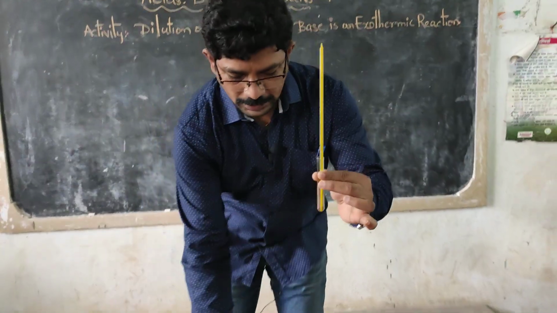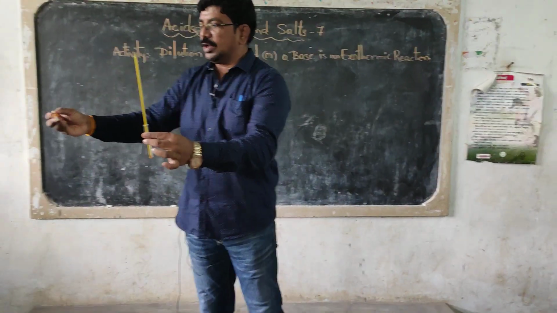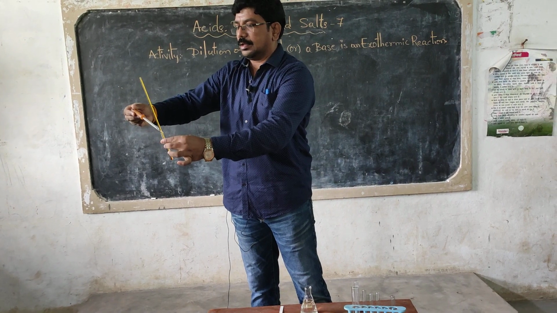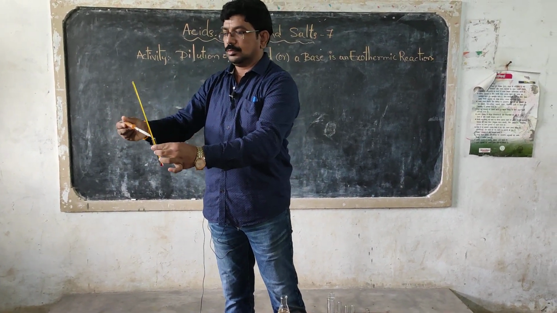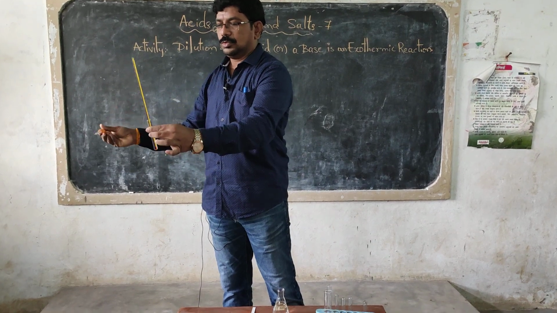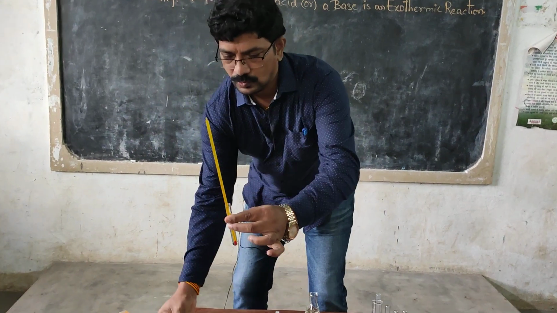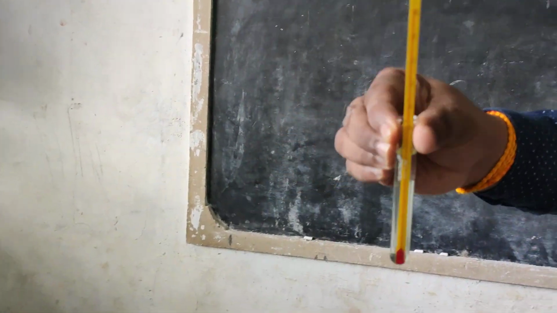Now, what am I doing? I am adding concentrated sulfuric acid drop by drop. We must be careful while adding, with constant stirring. Now, children, you observe the temperature.